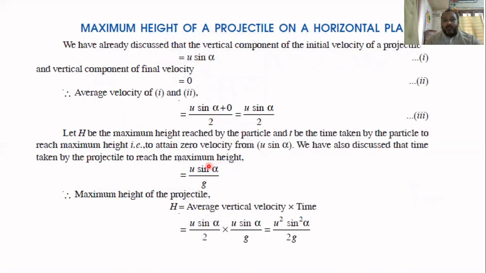Then the maximum height of the projectile. The vertical velocity at maximum height is 0. So the average velocity is the initial velocity plus the final velocity, that is, the velocity at the maximum point, divided by 2.